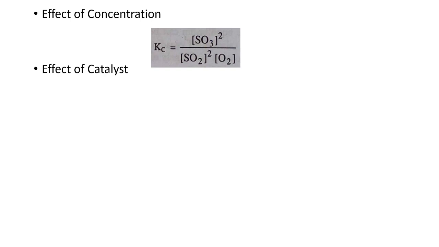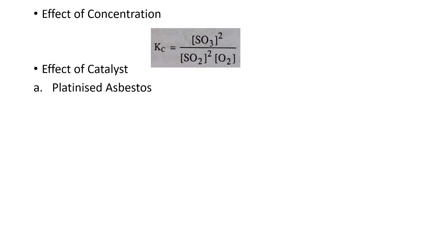So usually oxygen is mixed with SO2 in the proportion of 3:1 by volume. Here, for SO2 you can see the square term, meaning 2 times, and oxygen is 1 time. So obviously there are 3 in total, and it is 3:1. So for each molecule of oxygen, there should be SO2 molecules.